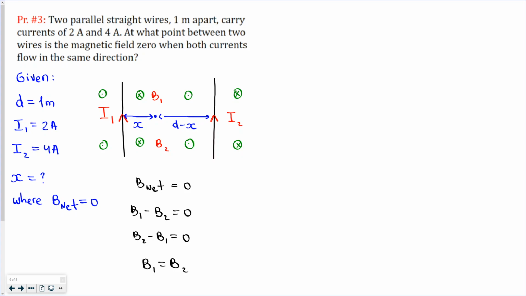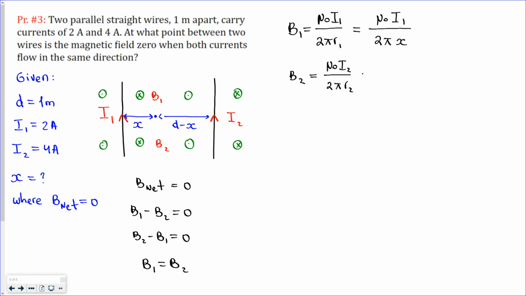Now let's put the numerical values. B1 is mu0 I1 over 2 pi R1, and it is mu0 I1 over 2 pi x, and B2 is equal to mu0 I2 over 2 pi R2, and it is mu0 I2 over 2 pi (d minus x).